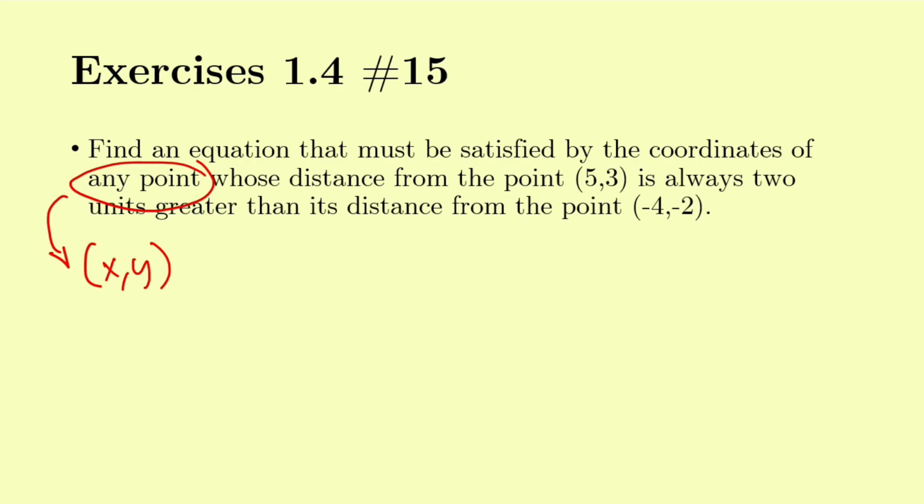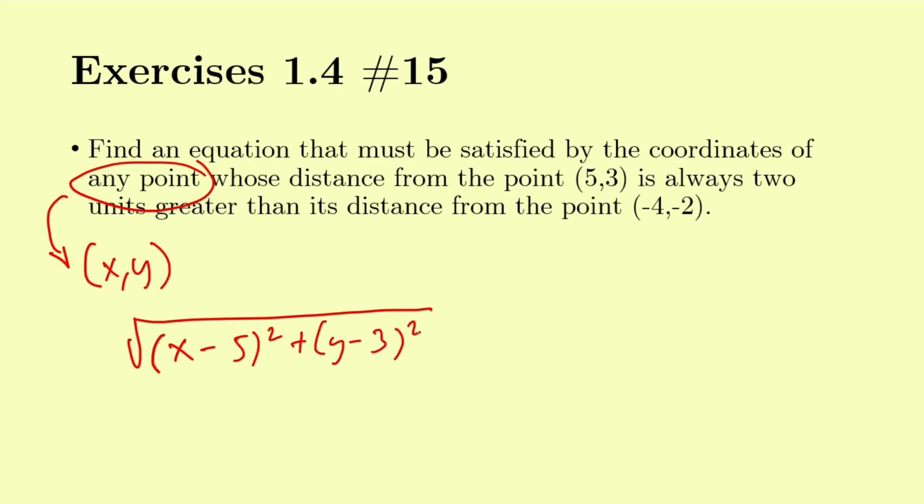So we can use the distance formula right here. Actually, this one is going to be a short solution compared to the previous one, obviously, because this will only use the distance formula. So x minus 5 squared plus y minus 3 squared. This expression refers to the distance between that arbitrary point and the point 5 and 3.